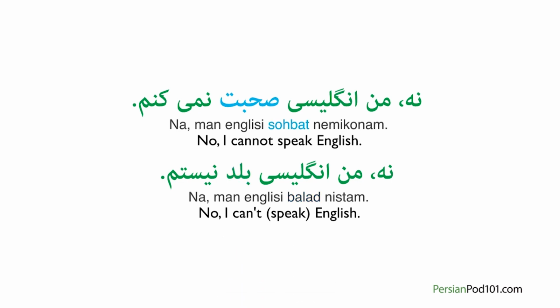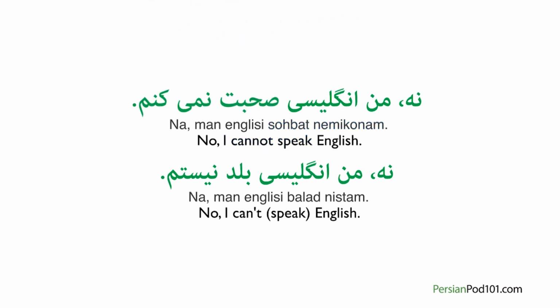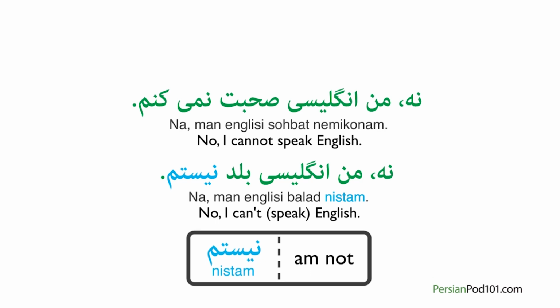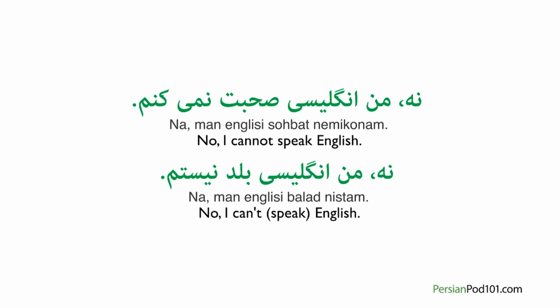Combined with sohbat, now you know that sohbat nemi konam means I don't speak, and sohbat mikonid means you speak. Also, nistam is actually the negative version of hastam, but it looks slightly different in the negative form. Verbs and phrases change depending on the person speaking.